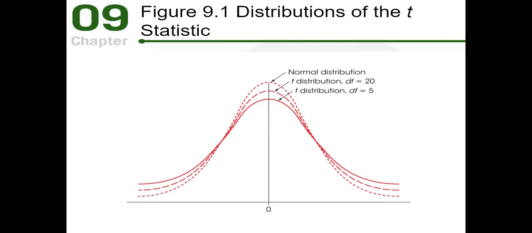If you look here in figure 9.1, we can see what the distribution of the t score would look like if we had degrees of freedom at 20, at 5, and then what a normal distribution looks like. So we get those approximations.